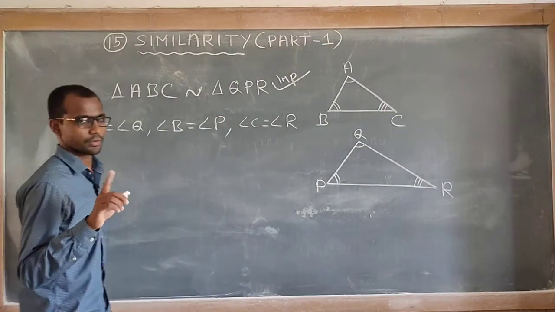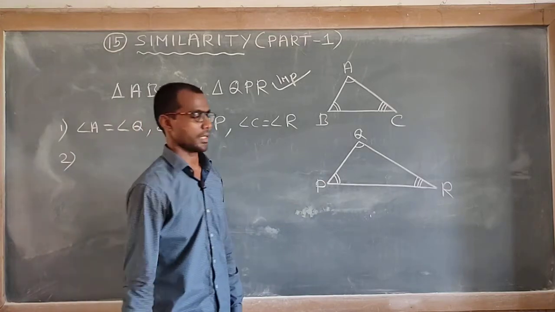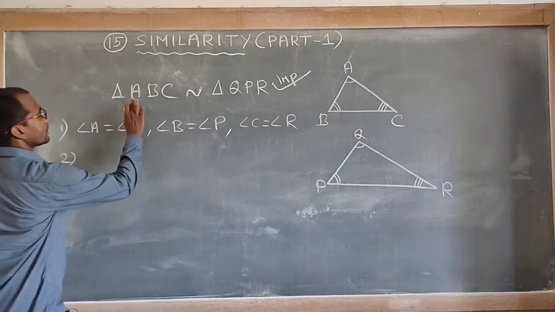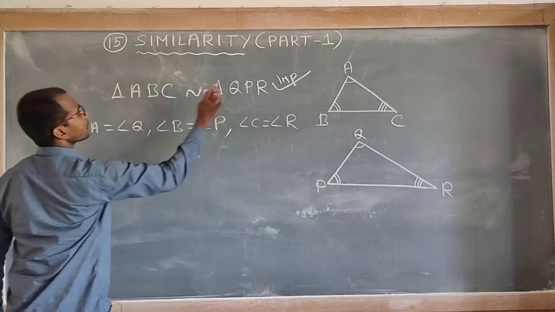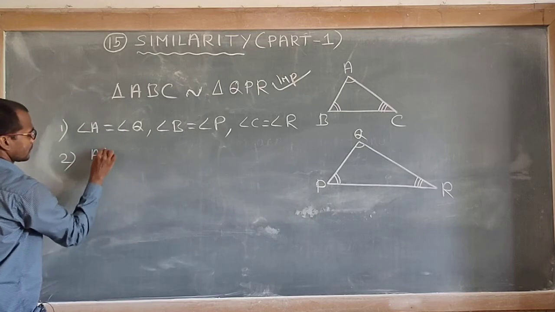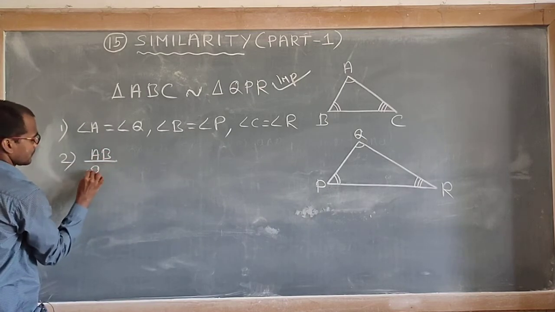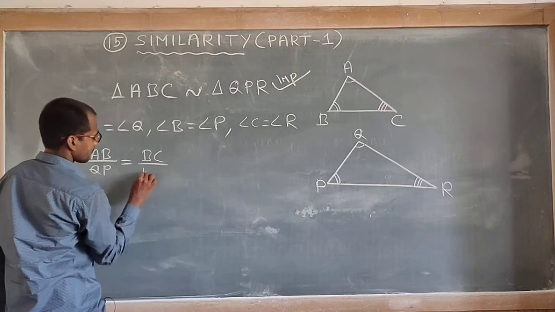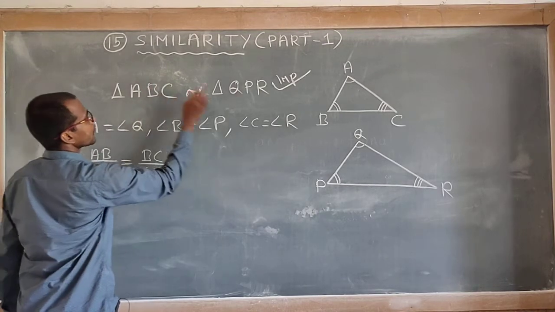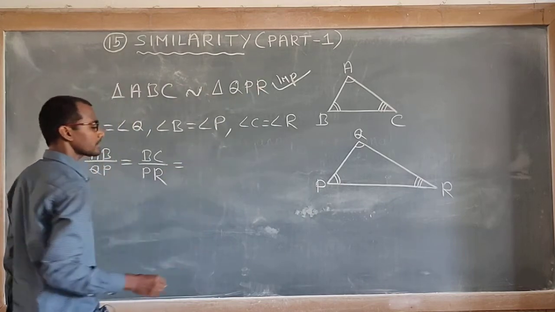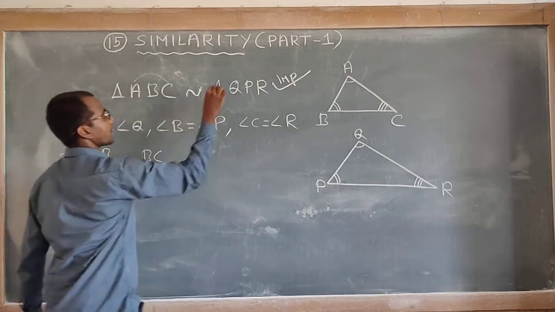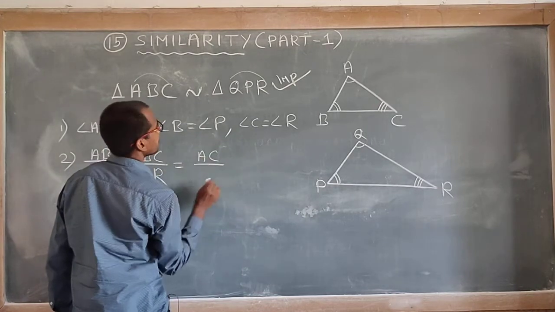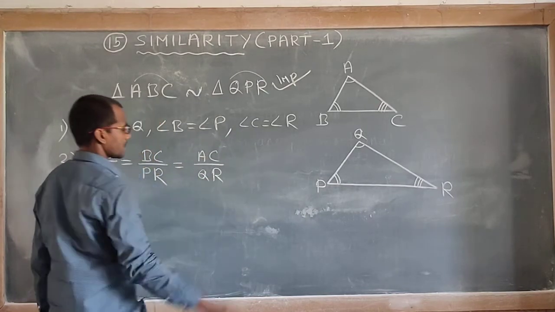Second point is corresponding sides are proportional. We cannot say that corresponding sides are equal, they are proportional. Means AB by QP, say 1 by 2. AB by QP is equal to BC by PR, 2 by 3, is equal to AC by QR, 1 by 3.